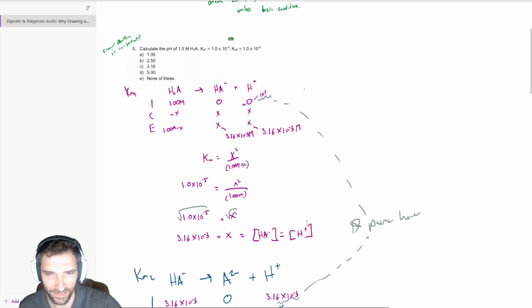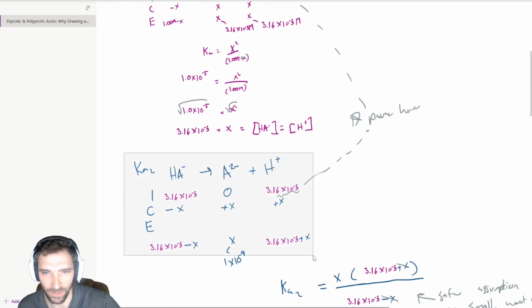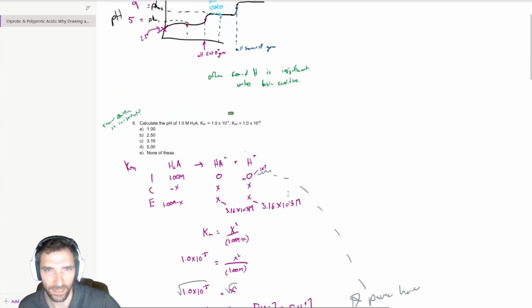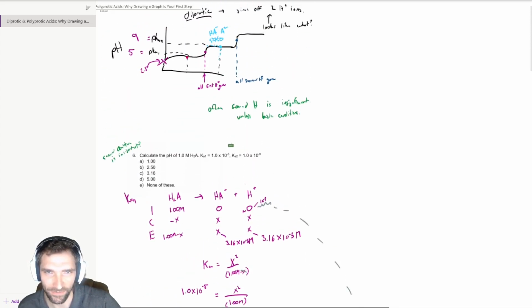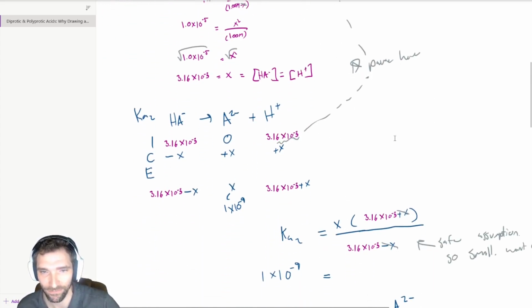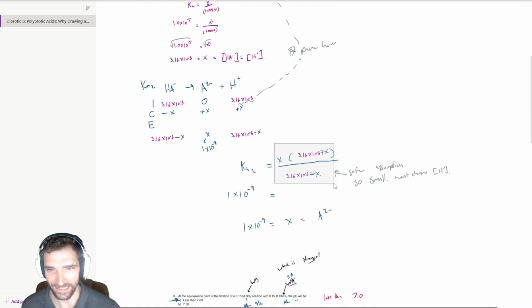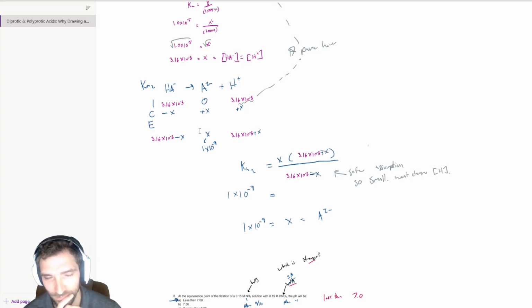This X is going to be essentially our final answer. It is worth thinking about the second donation possibly coming into play, but just thinking about the chart, the conditions are not very basic, so it's not going to give off much A2 minus, if any at all. If you do the math, you'll see that X being insignificant makes this really easy, and X squared ends up being just your Ka value, which is a very small number.